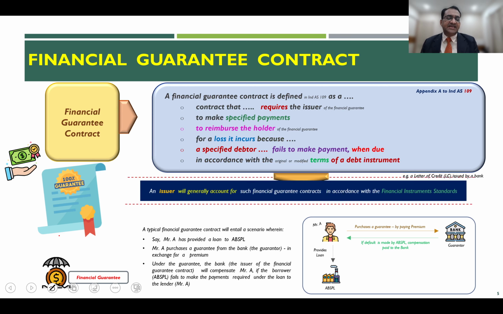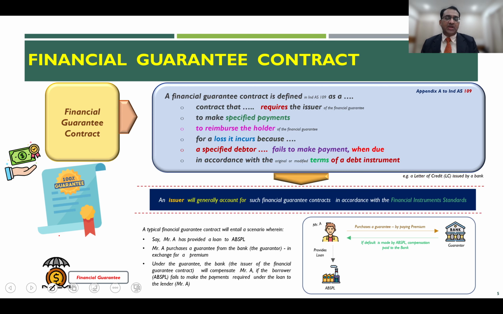Now, an issuer will generally account for such a financial guarantee. That means this guy will generally account for such financial guarantee contracts in accordance with the financial instruments standard, Ind AS 109 or IFRS 9.